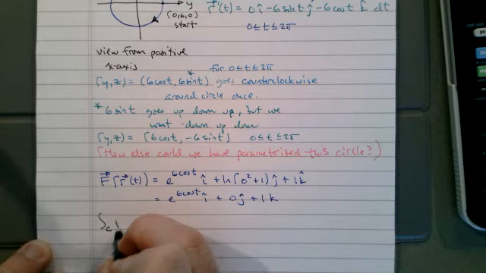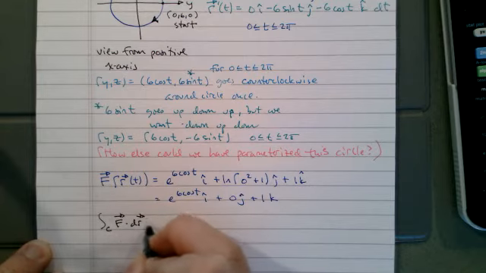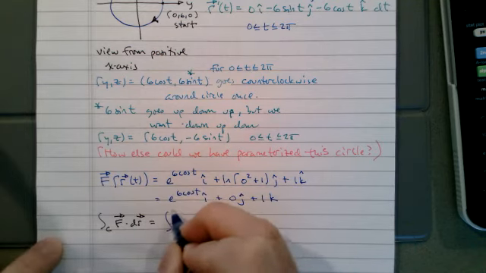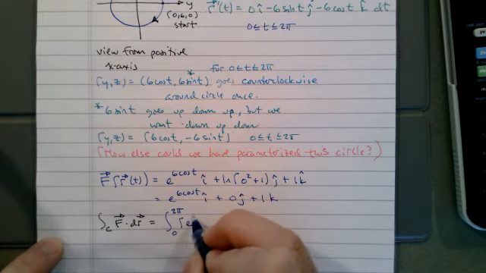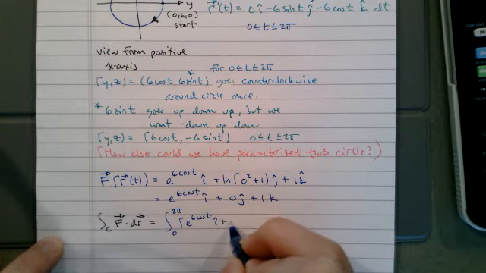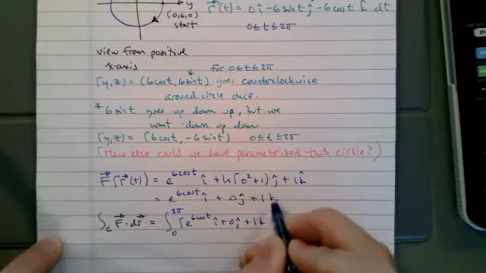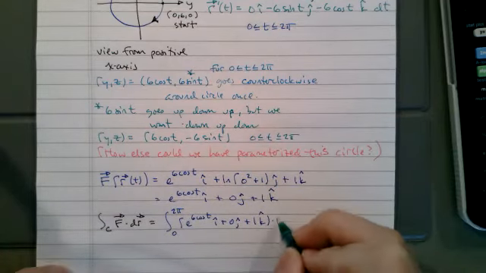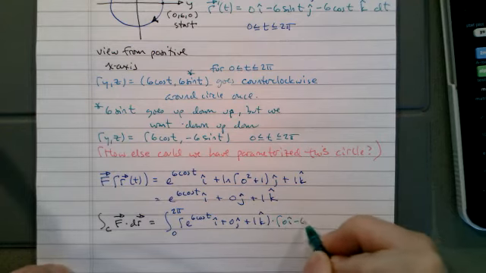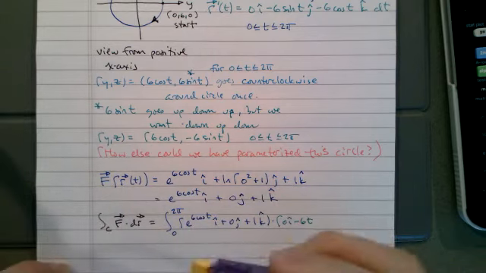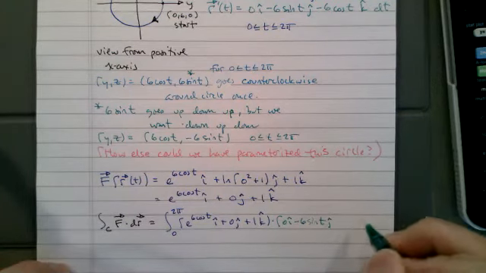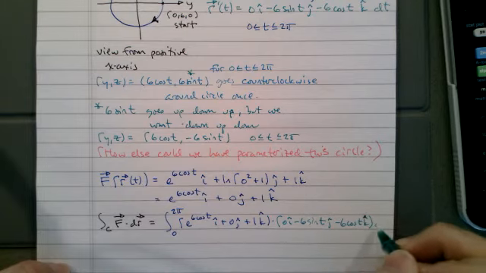The integral over C of F dot dr will be equal to the definite integral from 0 to 2 pi of e to the 6 cosine t i plus 0j plus 1k, dot, then the r prime, 0i, minus 6 sine t j, minus 6 cosine t k, dt.